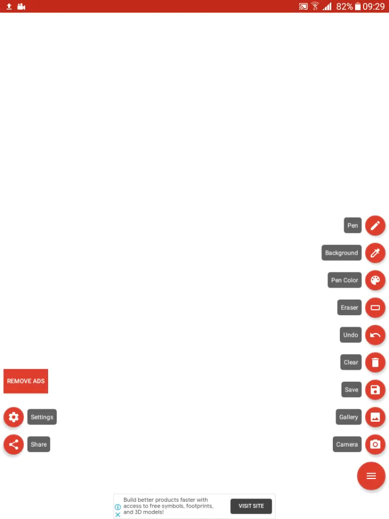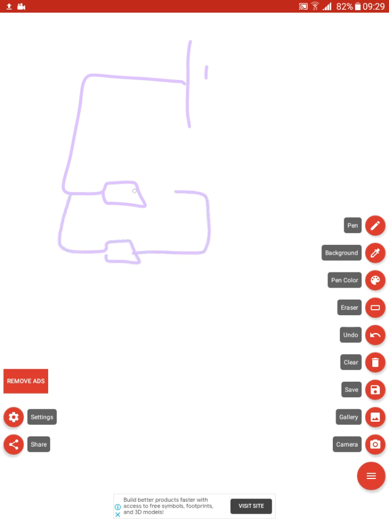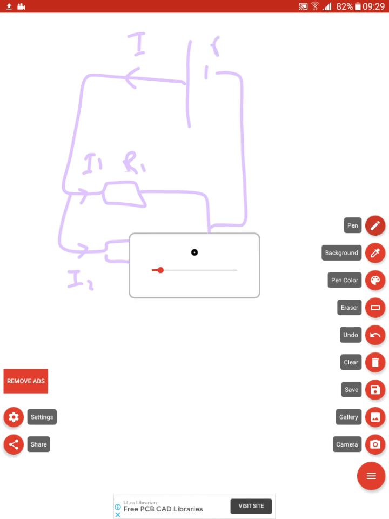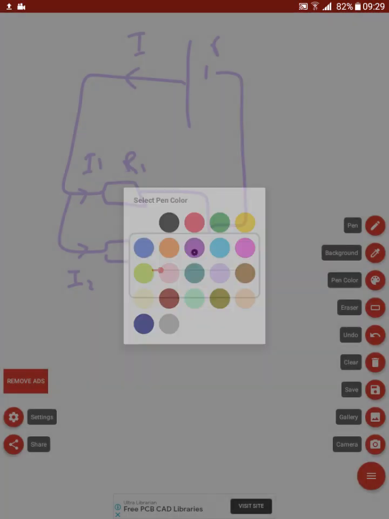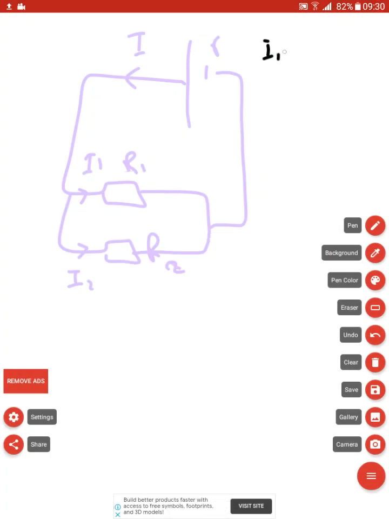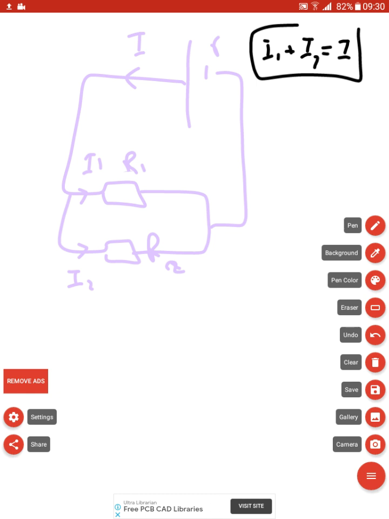If we have a battery and a resistor here and a resistor here like this, and this is the main current, which is I, this is I1, and this is I2, with R1 and R2, and maybe we have internal resistance or not, depending on the question. The main equation is I1 plus I2 equals I, from Kirchhoff's first law.